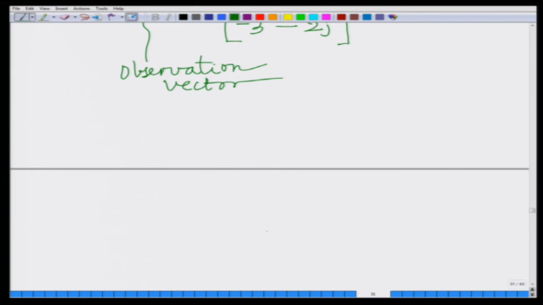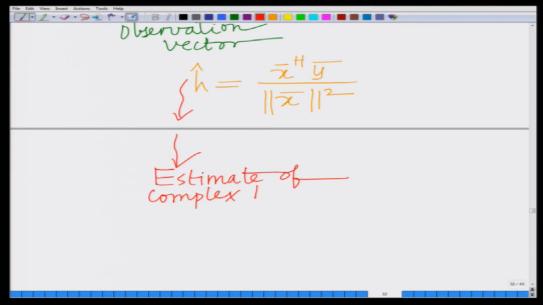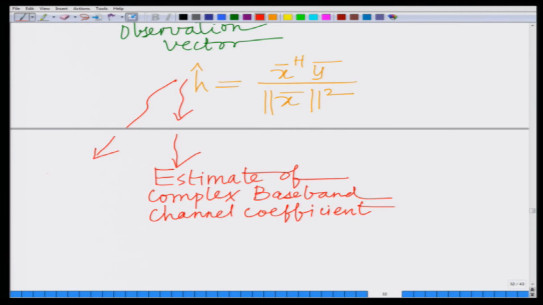As we have derived, the estimate of the complex channel coefficient is h hat equals x bar Hermitian y bar divided by norm x bar square. This is the estimate of the complex baseband channel coefficient, and this is a complex parameter.